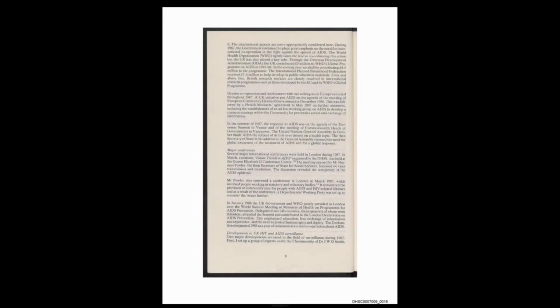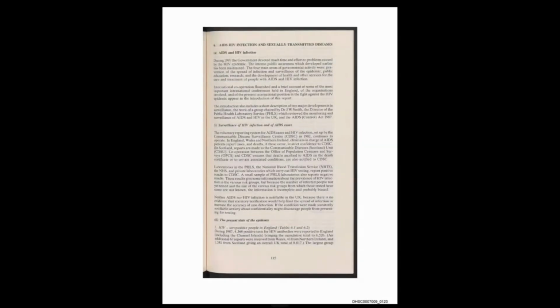For the first time, there's a dedicated chapter titled AIDS, HIV, Infection and Sexually Transmitted Disease, with 12 pages devoted to AIDS, and that starts at page 123, please. And so this is that chapter.